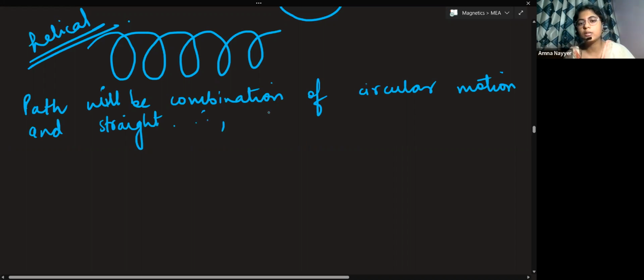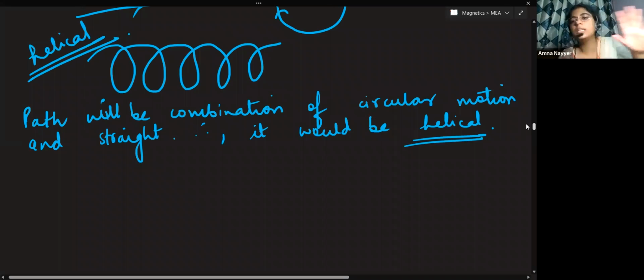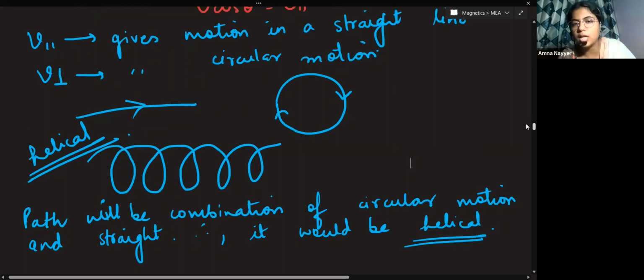Therefore, it would be helical. This term is mentioned in NCERT, so it counts. The term helical is asked to be written. So this is the last case, and we have completed the whole path of the charged particle.